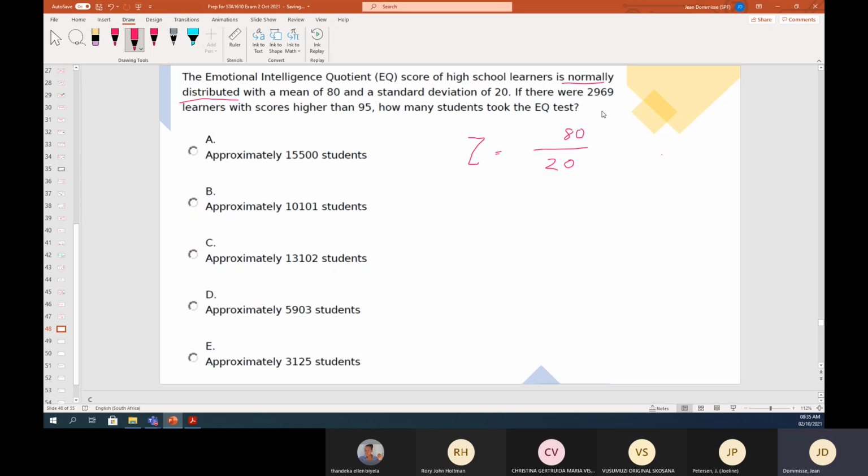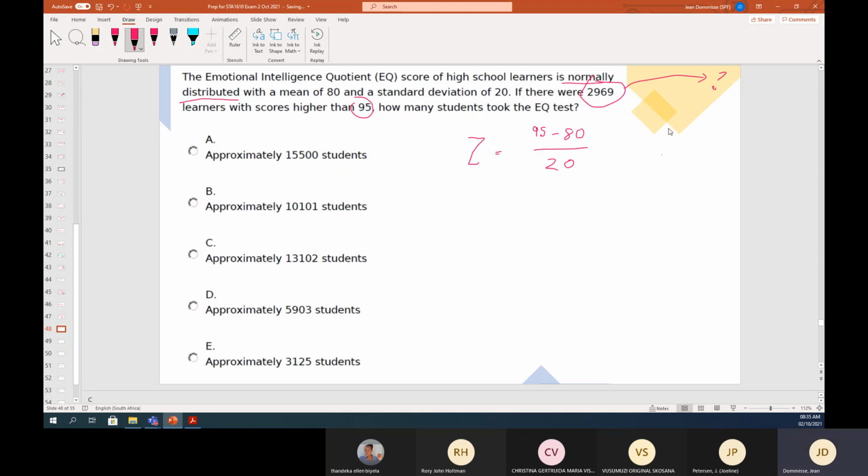If there were 2969 learners with scores higher than 95, how many students took the EQ test? Okay, so they tell us there's 95. So that is the odd one out. What do we do with that?